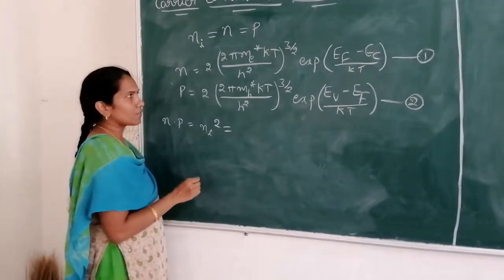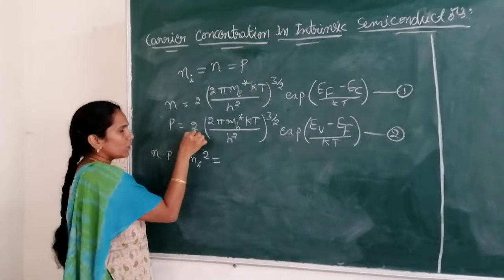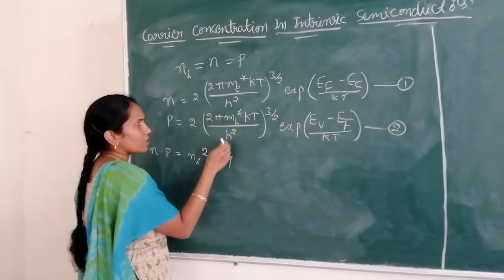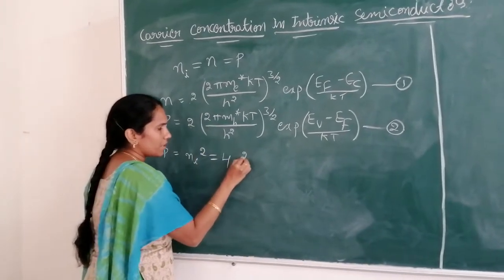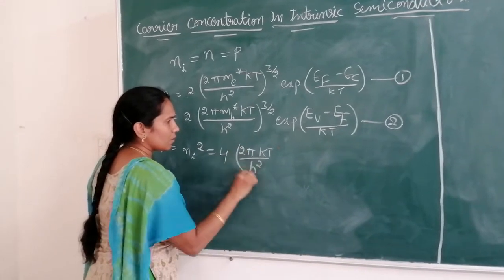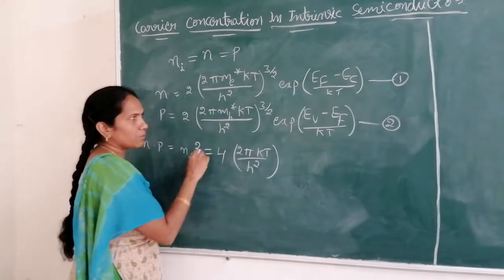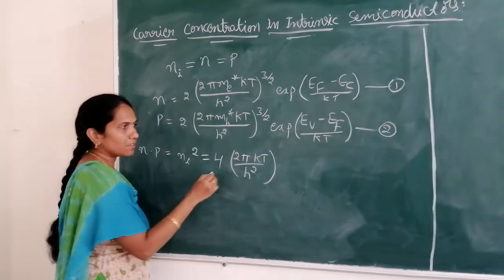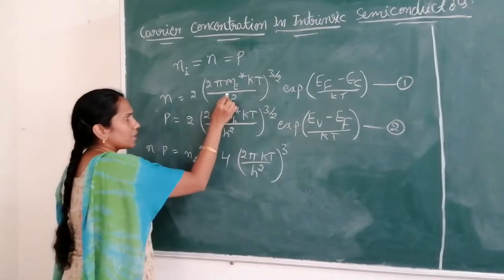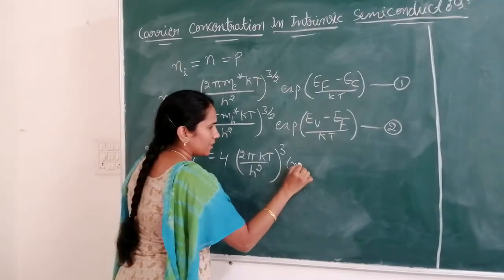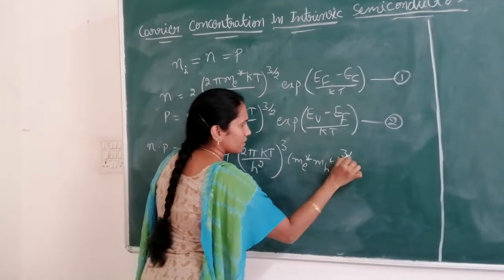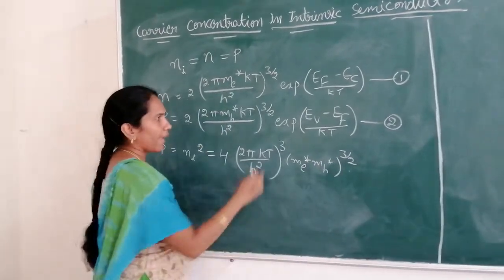Now multiply these two: 2 into 2 becomes 4. 2 pi kT by h square is common to these two terms, so I write (2 pi kT by h square) whole to the power of 3 by 2 plus 3 by 2, since when the base is the same we can add the powers, into (Me star into Mh star) whole to the power of 3 by 2 into exponential.